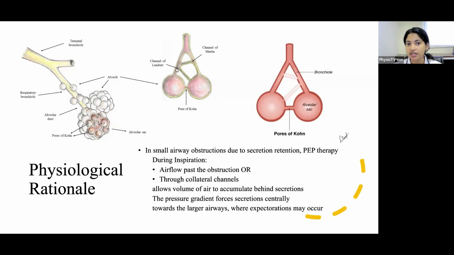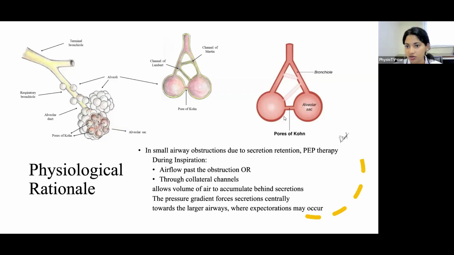A channel which is connecting the bronchiole to an adjacent alveolus is called the channel of Lambert. And finally, a channel which is connecting two bronchioles is called the channel of Martin, as you can see here. So in PEP therapy, all these collateral channels are utilized for the treatment.